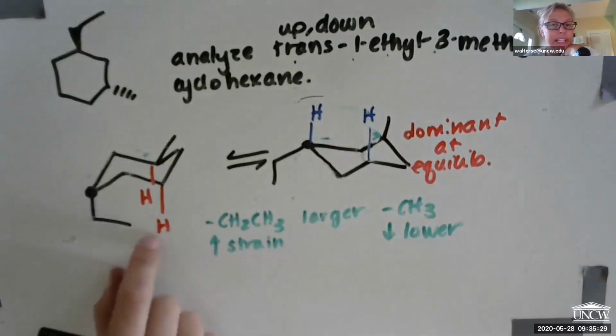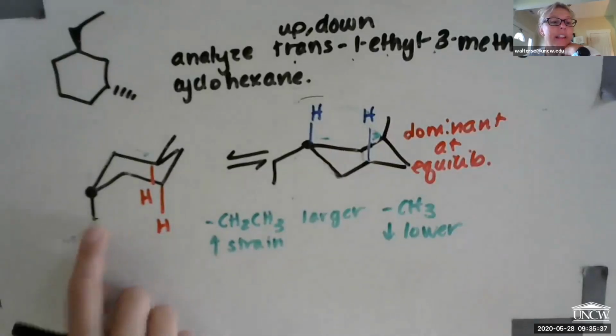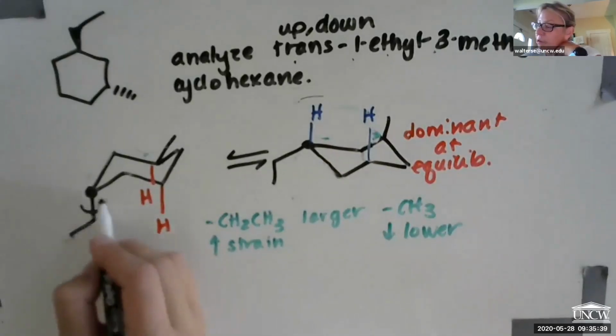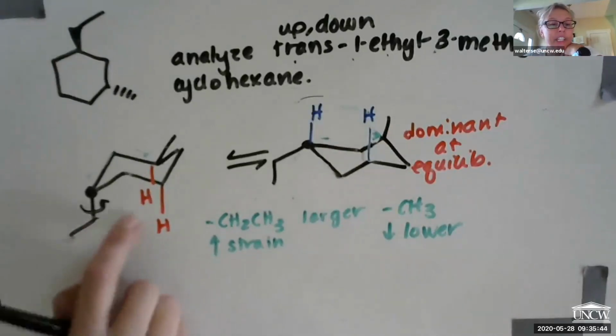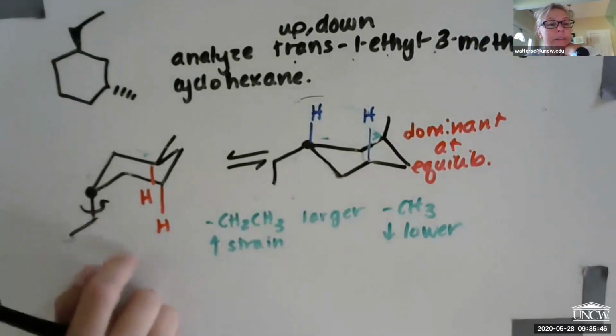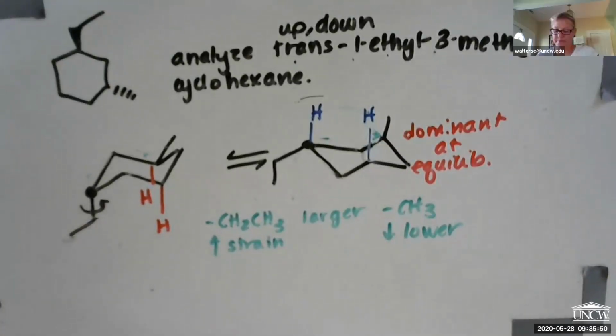It's closer, so the strain will be higher for a larger group. Even if this had flown out here, because you're going to get rotation around that bond, this end is eventually going to be in the ring. Okay. Any other questions?